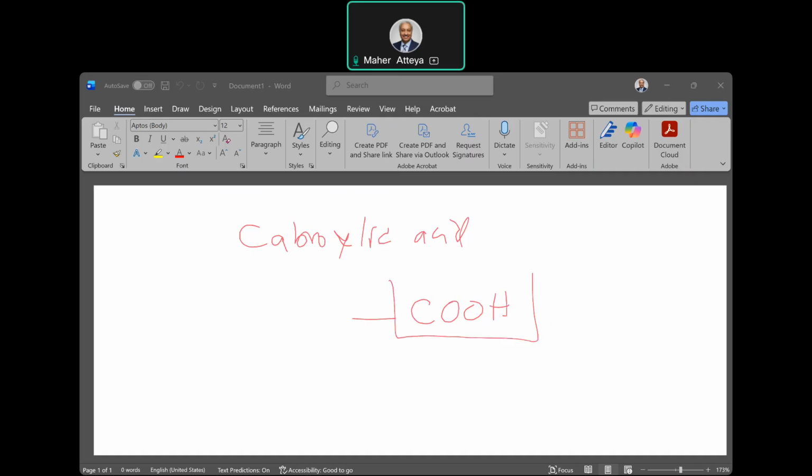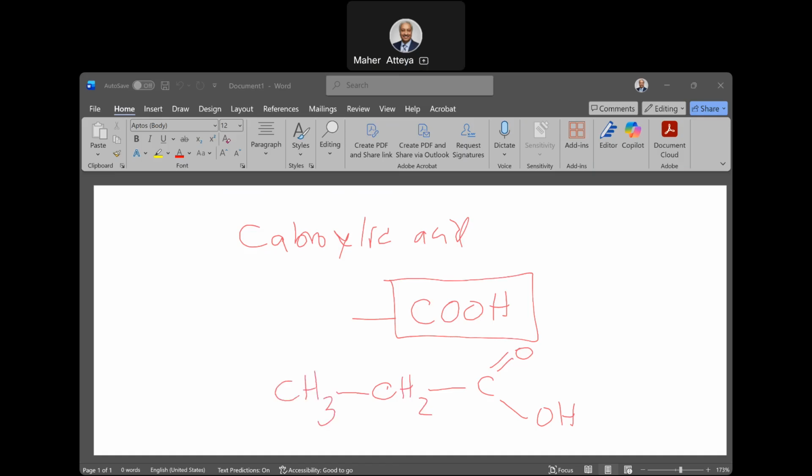This is the carboxylic acid functional group, which is C double bond OH, and then we'll have whatever attachment might be here. In order to name those, we can add more carbon if you wish. Let's add more carbon here.